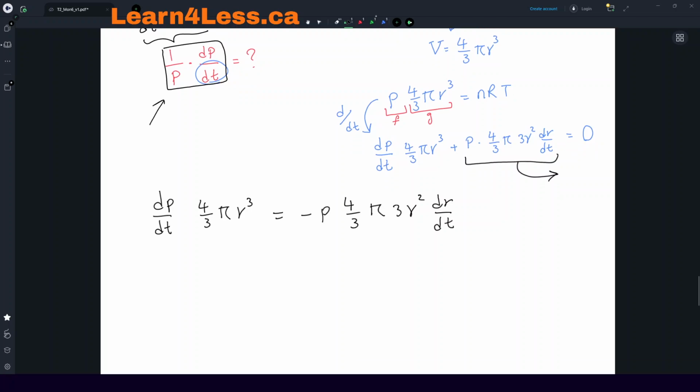Because I'm looking for these, let's construct 1 over p beside these. How I do that, I divide both sides by p. Or you can think about it this way, that you multiply both sides by 1 over p.